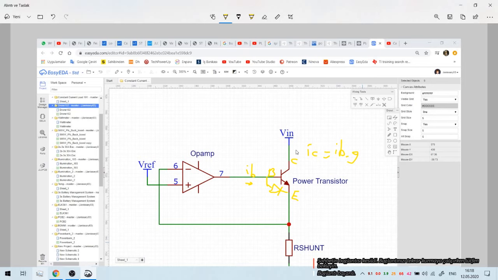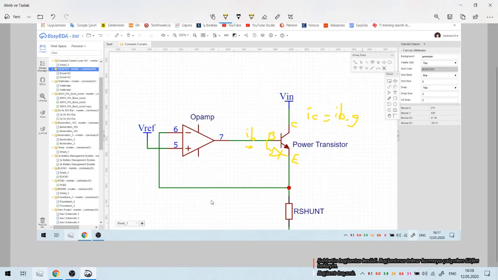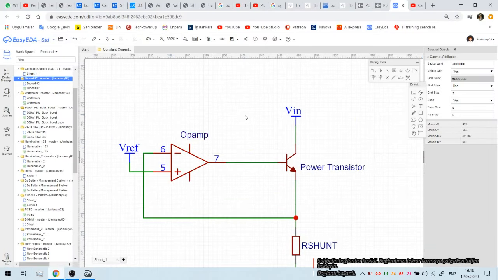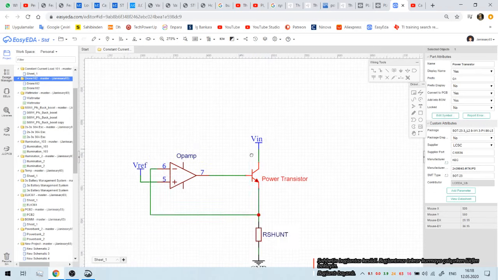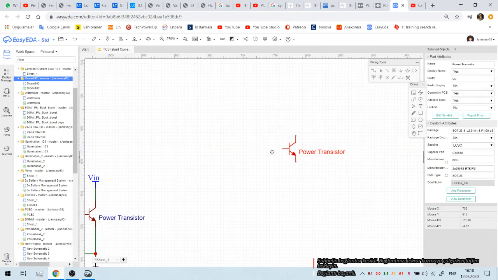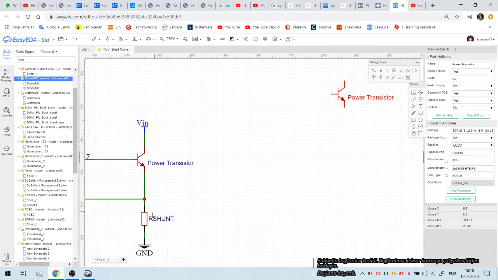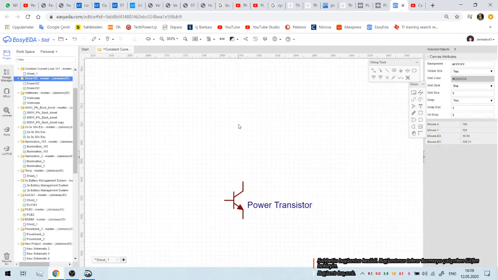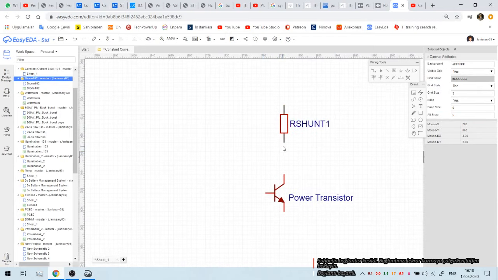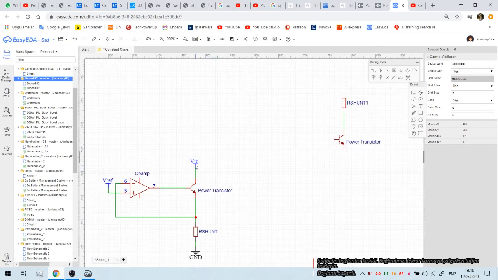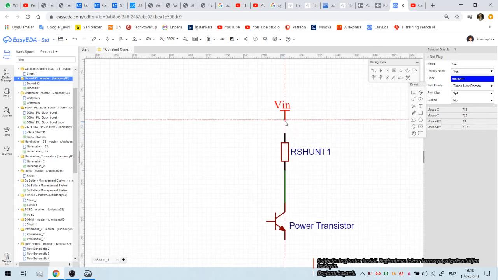So if we need to use it like a switch, we can connect a load to it, maybe like this, and some load here, also maybe 12 volts.